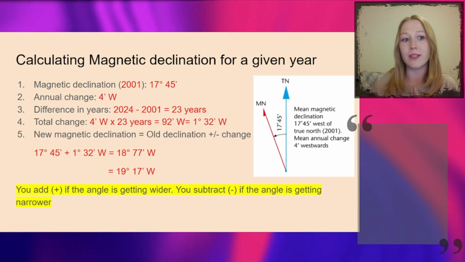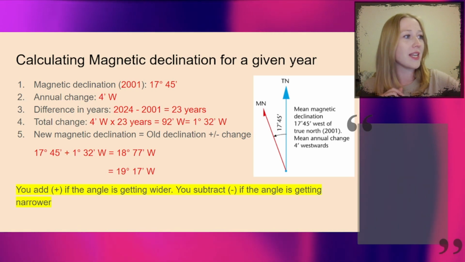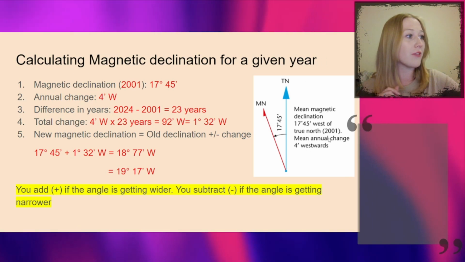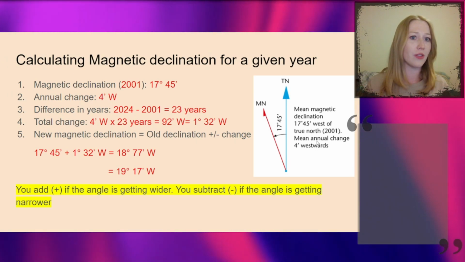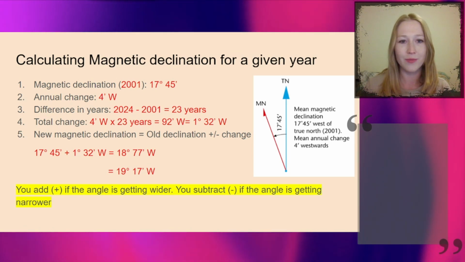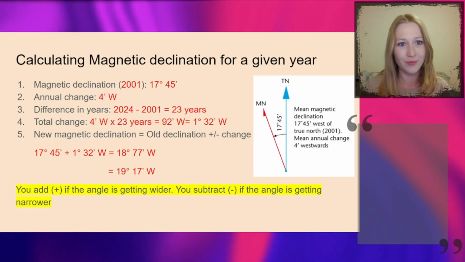It's becoming more east, so you're adding it. If the declination was to the west, but every year it was moving to the east, now you can see it's going in the opposite direction. That's when you subtract. When it's moving against each other, then you subtract.